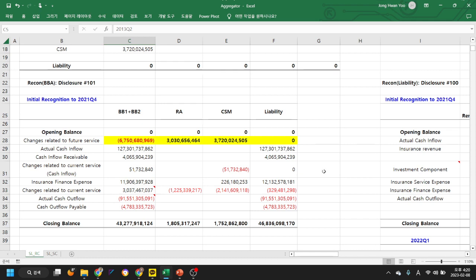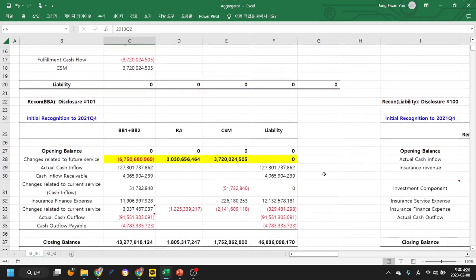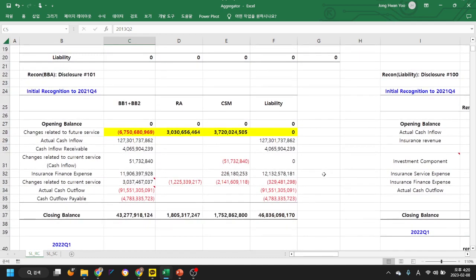And I have the data. You know what I'm saying? That's another assumption. Between 2013 second quarter and 2021 fourth quarter year end, I have all the actual data. This is transferring the initial recognition to here, and I have all the actual data.